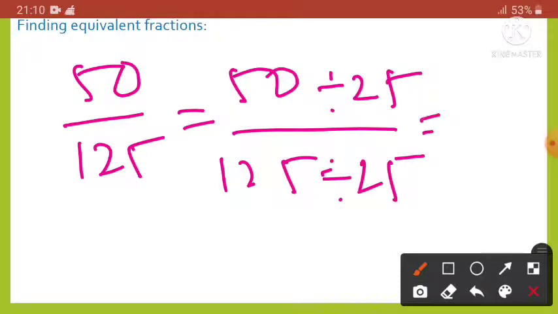So it will be 50 divided by 25 is 2, and 125 divided by 25 is 5. So we have divided both numerator and denominator by 25. Got it? So the equivalent fraction of 50 by 125 is also 2 by 5. So we can use any method, division or multiplication, as per the requirement.